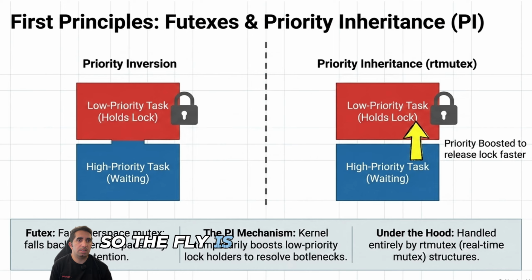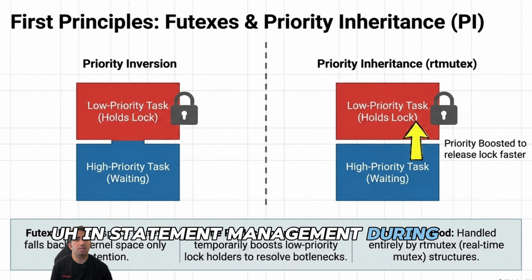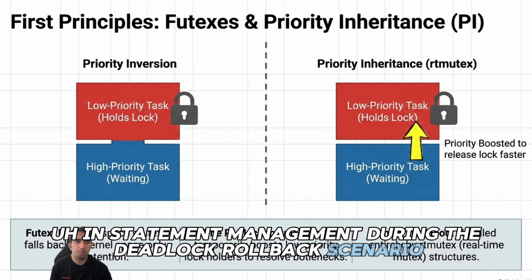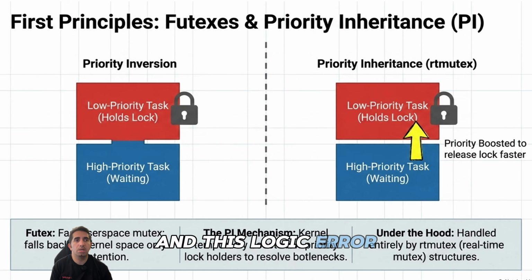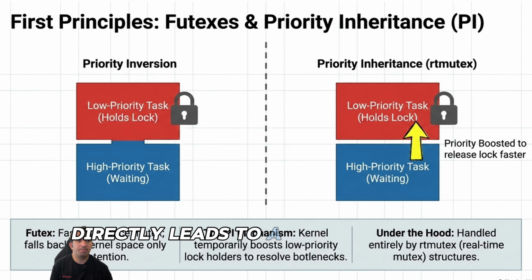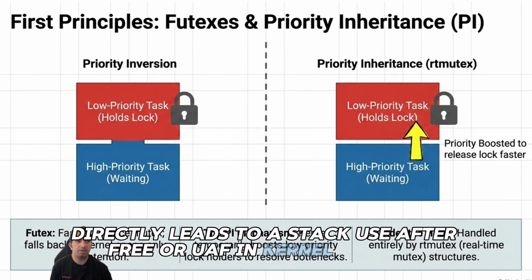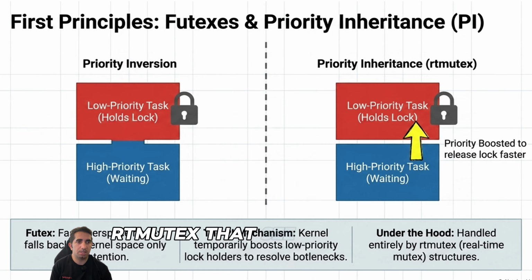At its core, GhostLock is a logical error in state management during the deadlock rollback scenario, and this logic error directly leads to a stack use-after-free, or UAF, in kernel locking rtmutex.c.